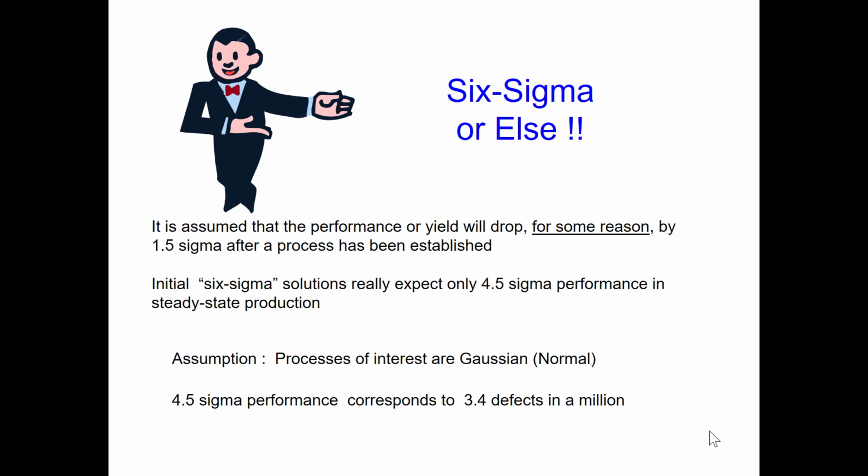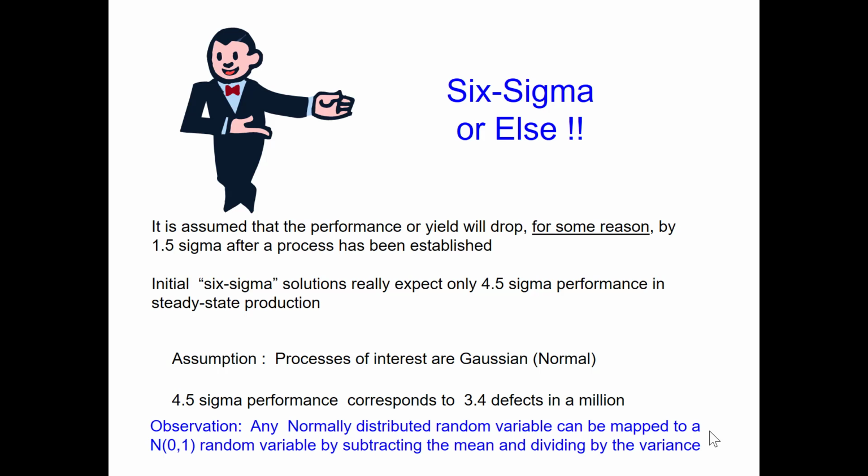The argument is, as your process matures, you should have better yields. But they made the assumption that for some reason things are going to relax a little bit, and you'll start out at 6 sigma, but you'll end up with 4.5 sigma performance, which corresponds to about 3.5 defects in 1 million. That's still a very small defect rate. Okay? So that's the mathematics behind the original 6 sigma approach.